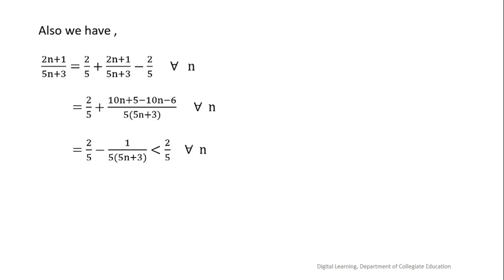On simplification, we will get 2 by 5 minus 1 by 5 into (5n plus 3), which is less than 2 by 5 for all n. Therefore, xn is greater than or equal to 3 by 8 and less than 2 by 5 for all n. Hence, the sequence xn is bounded.